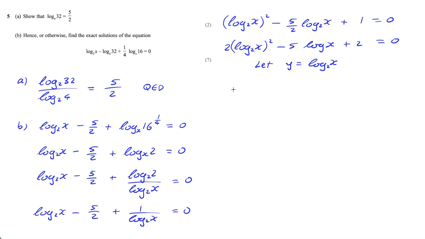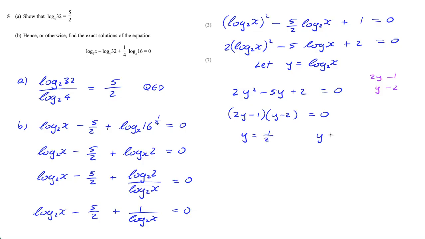Okay, so now I have a quadratic. 2y squared minus 5y plus 2 equals 0. Factorize this. 2y and y, 2 and 1, minus and minus. This is 2y minus 1 times y minus 2 equals 0. This is y equals 1 over 2, and this is y equals 2.